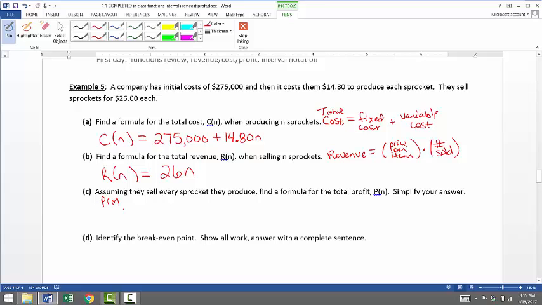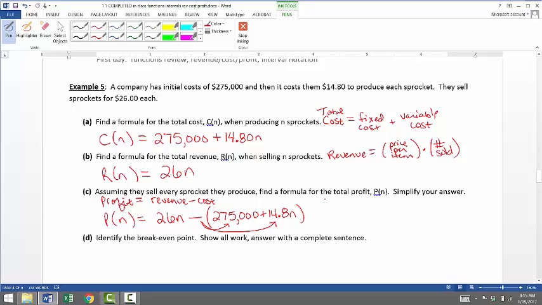Profit is cash they made minus cash they spent. So it'll be your revenue minus cost. So for us, our profit, P of n, is the revenue function, 26n, minus the cost function. Don't forget to put parentheses around the entire cost function. So we're distributing the negative.